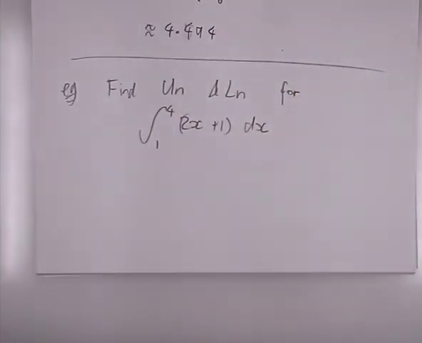Find U_n and L_n for the integral from 1 to 4 of 2x plus 1 dx. That's a classic. So U_n and L_n are approximations for integrals.